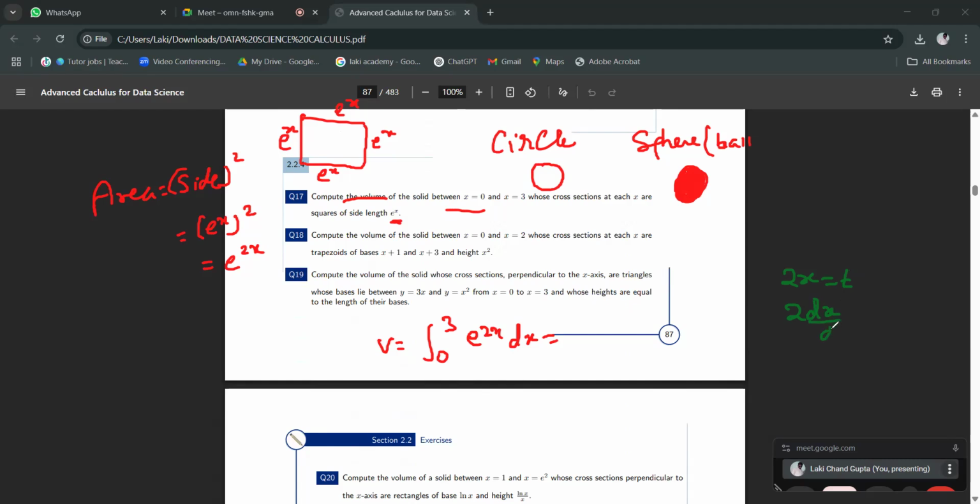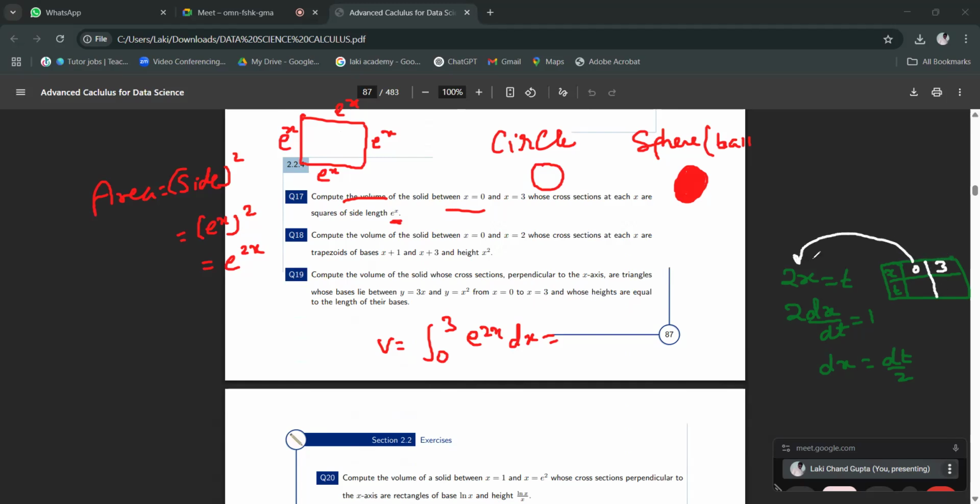2 dx by dt is what? 1. dx is what? dt over 2. And the limit will also change. Here the limit of x is 0 and 3.